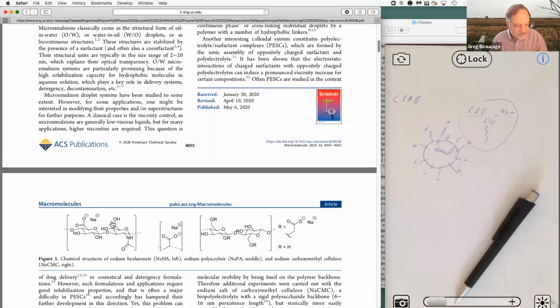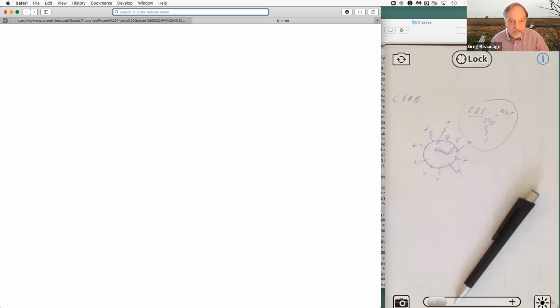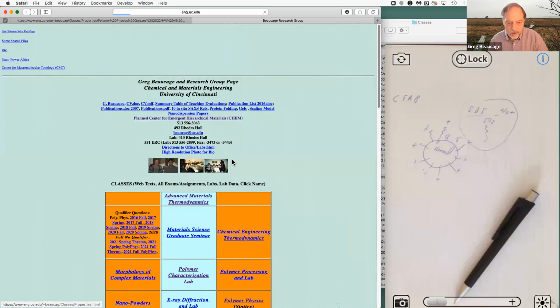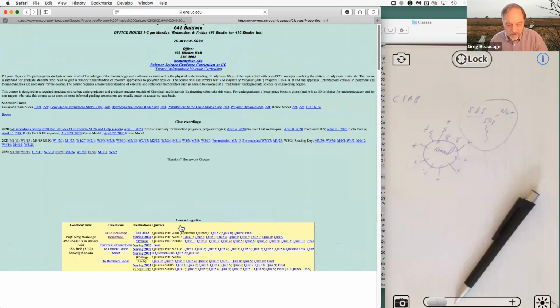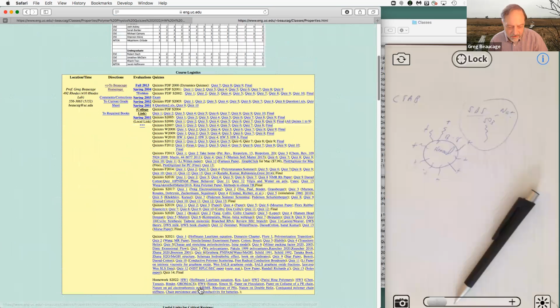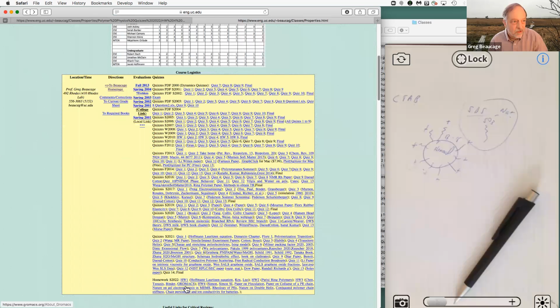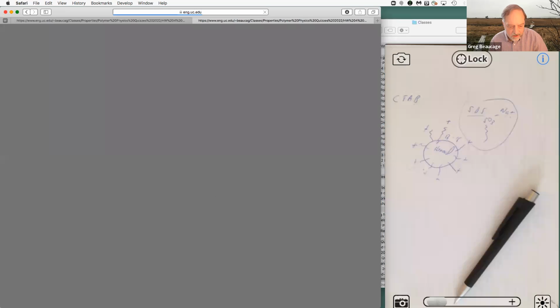That has a persistence length of, let's see, I think it's like 9 angstrom, or that one has a larger persistence length. No, it's 9 angstrom, and the sodium acrylate has a persistence length of like 1.5 angstrom. Sorry, let me get the homework here, because I listed the persistence lengths in here.